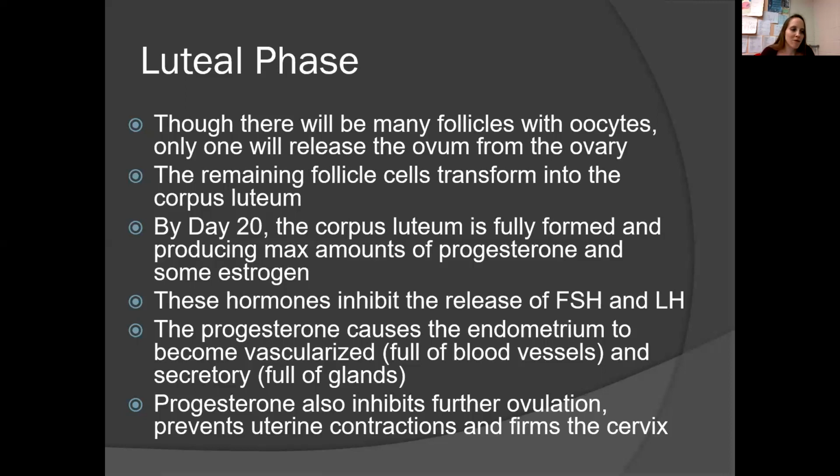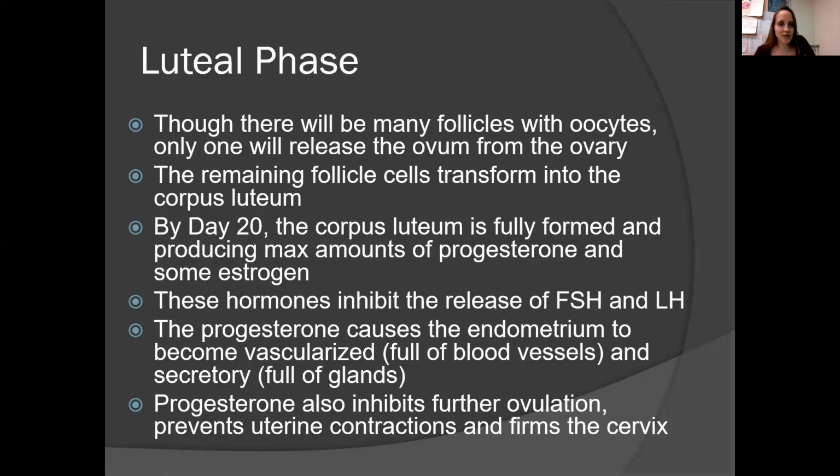The corpus luteum produces progesterone and a little bit of estrogen, but the progesterone is a really important part here. The progesterone is going to inhibit LH, just like the estrogen inhibits the FSH. And so you're not going to have any more ovulation happening.